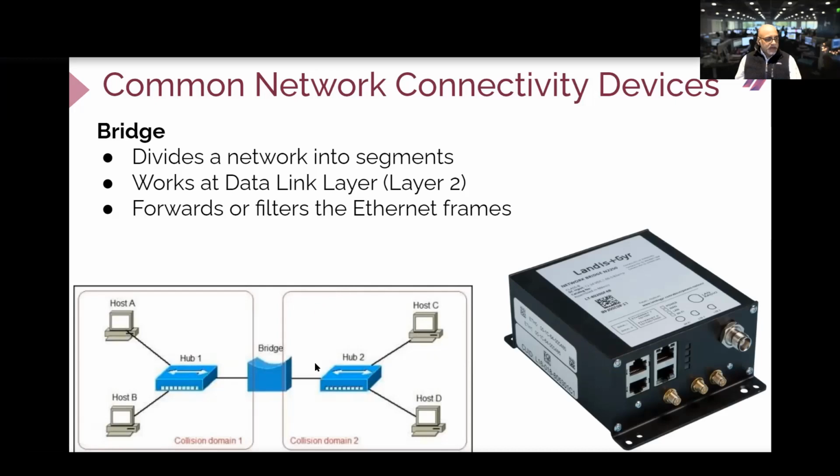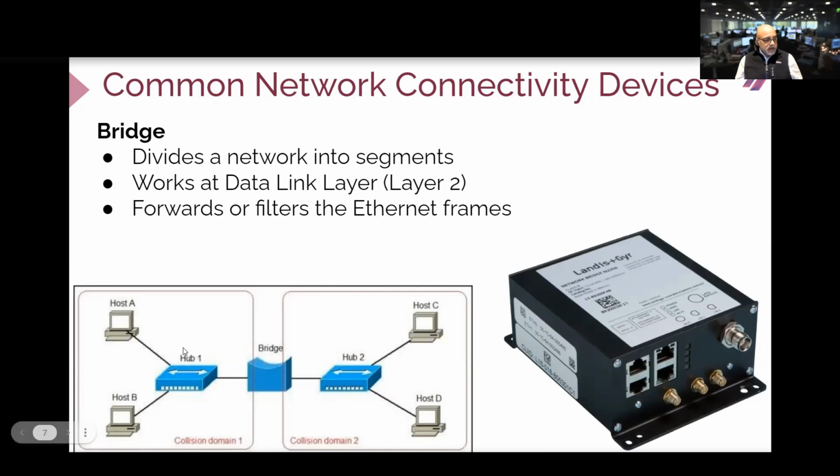So by dividing the network into two, what have I done based on what we talked about before? I have reduced my collision domain, right? If I take away this bridge and instead I just put one hub and connect all these 4 to one hub, then all the messages sent by those 4 hosts have the potential to collide. Now I've put in a bridge, left and right, and on each side of the bridge, I have a smaller network.